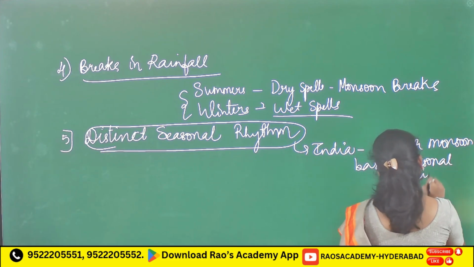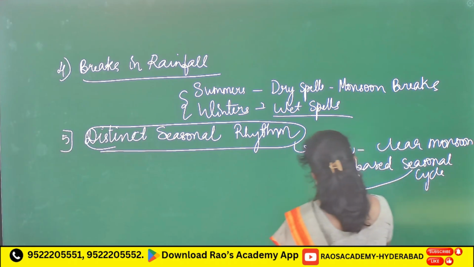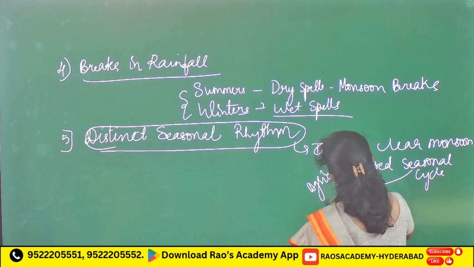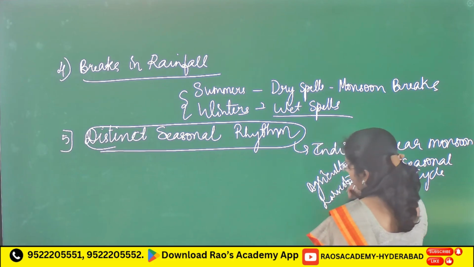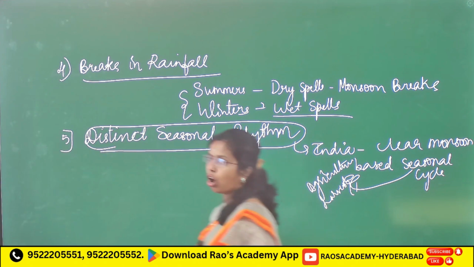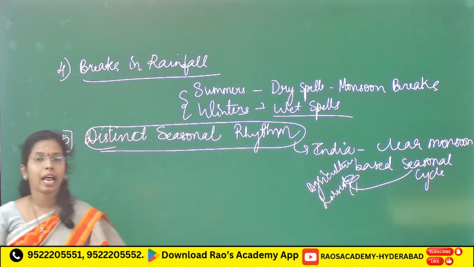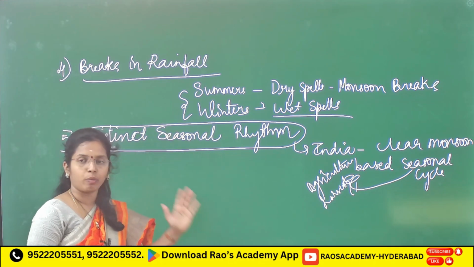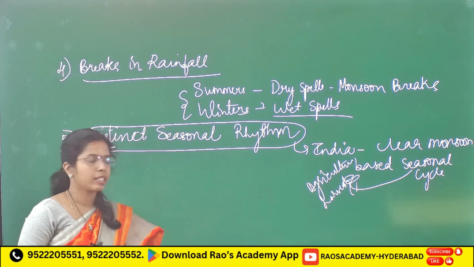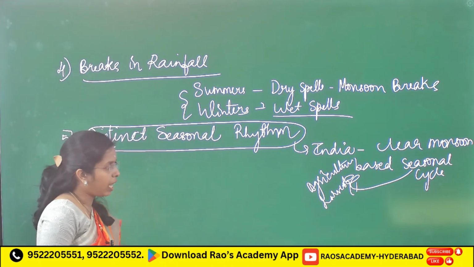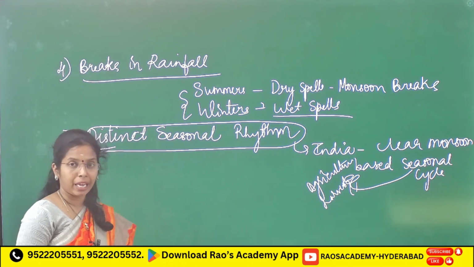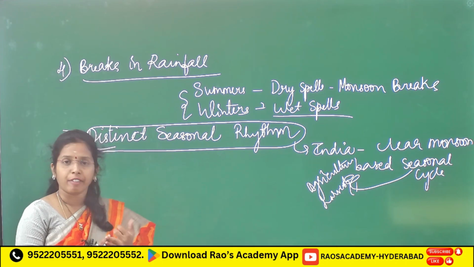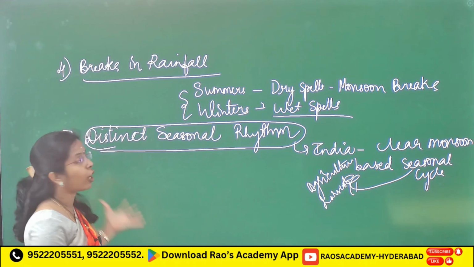Based on this monsoon-based seasonal cycle, we see agriculture and harvesting. Clear? We have cold weather, hot weather, southwest monsoon season and retreating monsoon season. That means distinct seasons, a distinct wet season and a distinct dry season. Because of that we have a seasonal cycle, and based on that seasonal cycle we have festivals and harvesting cycles.